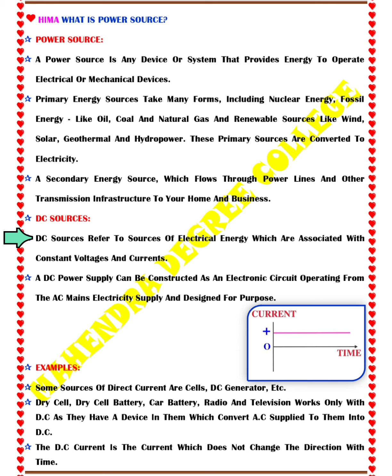In simple terms, DC sources give a steady and unchanging flow of electricity, unlike AC sources where the current and voltage go up and down.